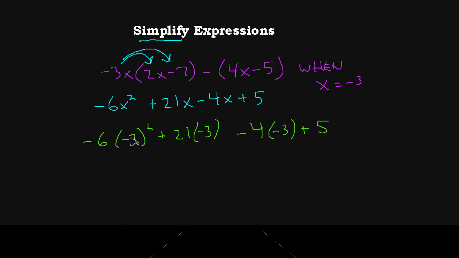We square this guy first, so that'll be +9. -3 times -3, and then times -6, that'll be -54, and then minus 63. And then -4 times -3, that's plus 12 plus 5. And this all adds up to -100.